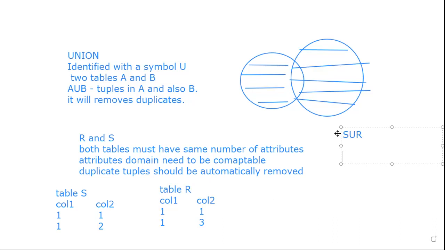Then the output will be column 1, column 2. Under column 1, we have 1, 1, 1, 2, 1, 2.